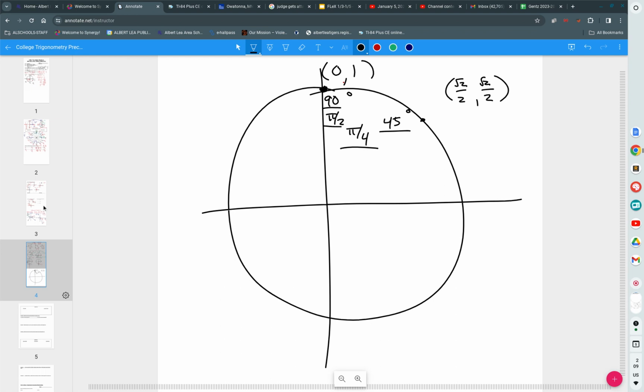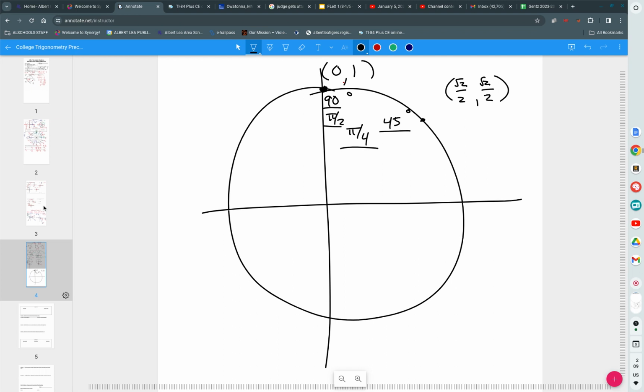So if you do pi over 6, okay, let's just get you. Pi over 6 is 30 degrees, right? So we know this is always 1. The short side is going to be half.